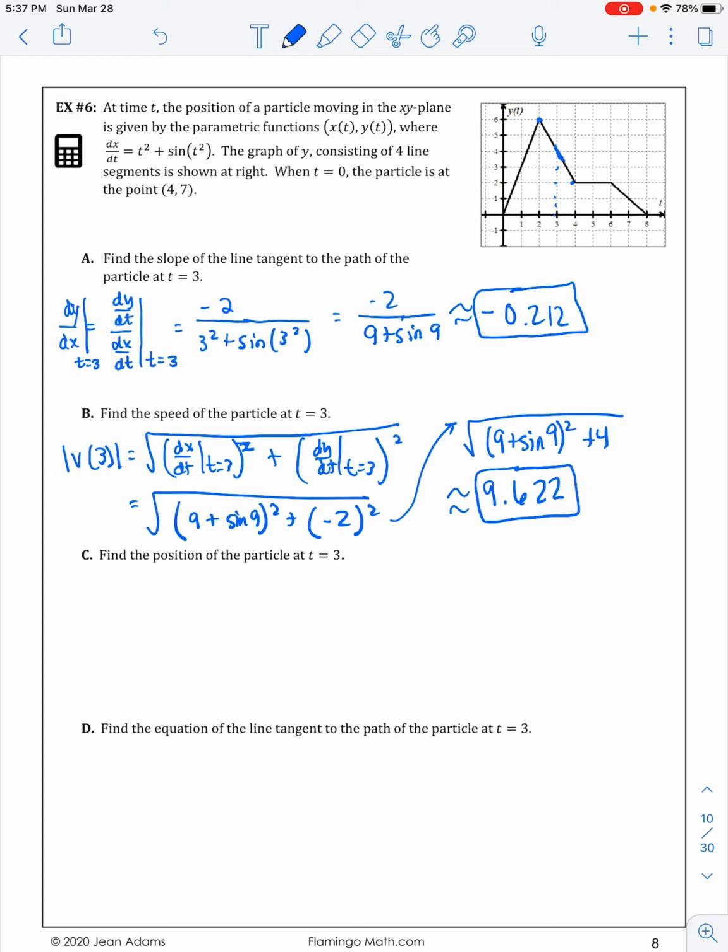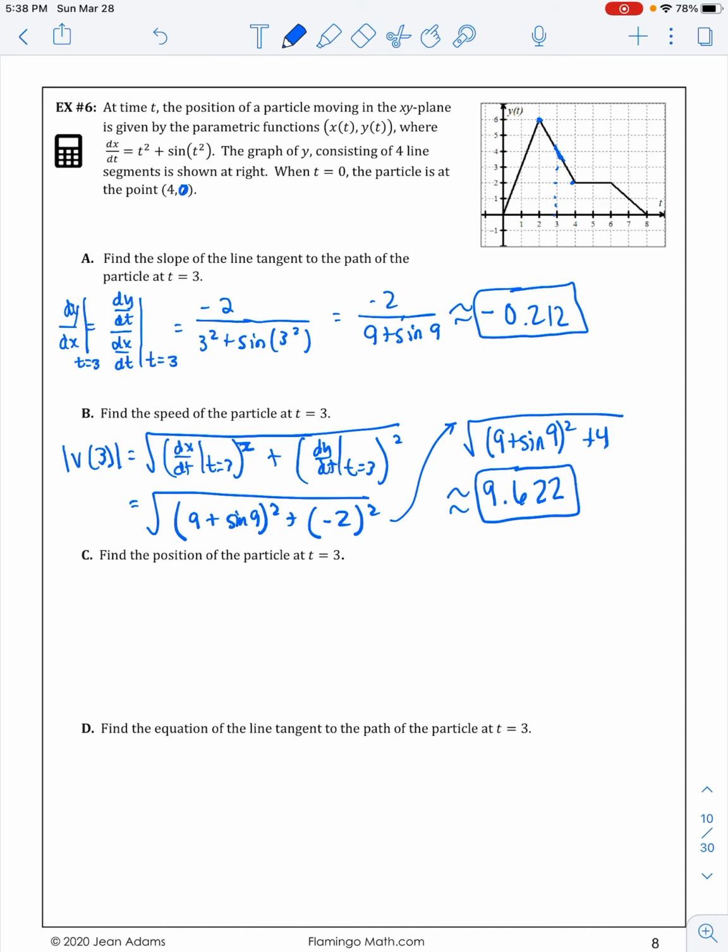And then for part C, find the position of the particle at t equals 3. Well, it said that when t equals 0, the particle is at the point 4, 7. Actually, again, I just found another mistake. I don't know if you guys have 7 or 0.